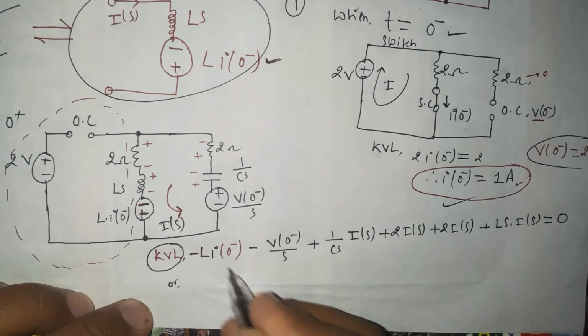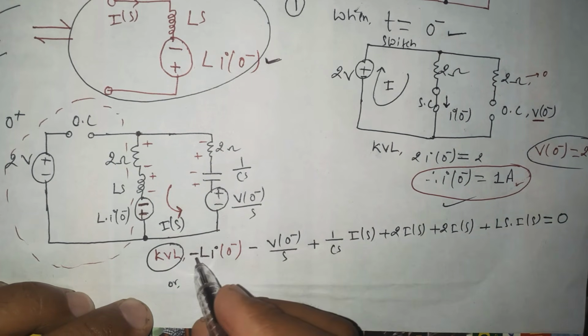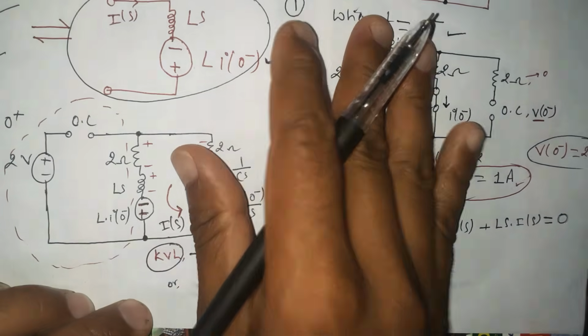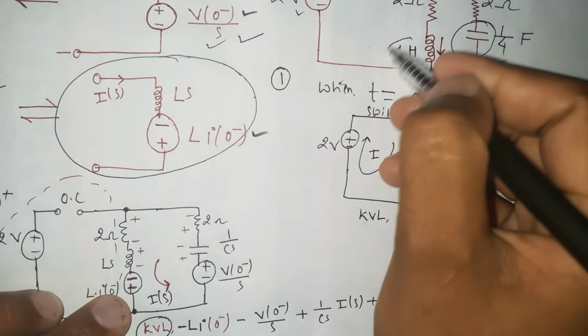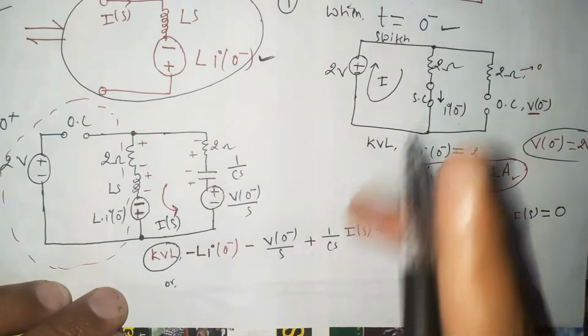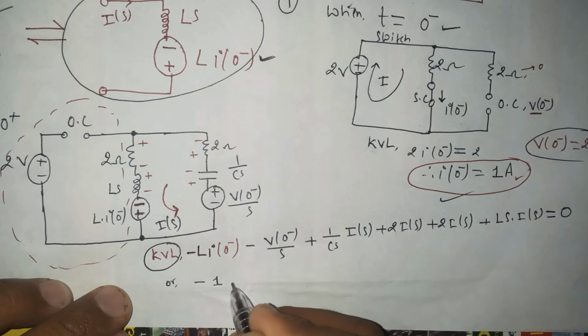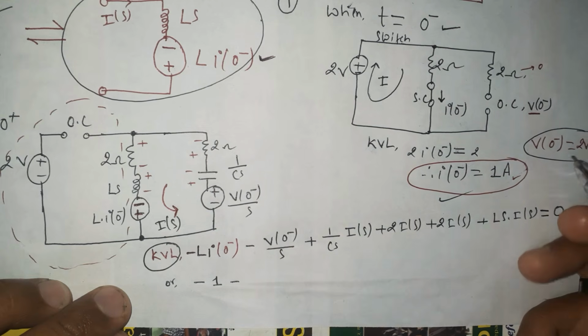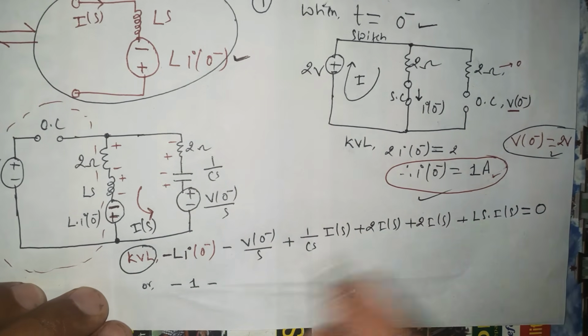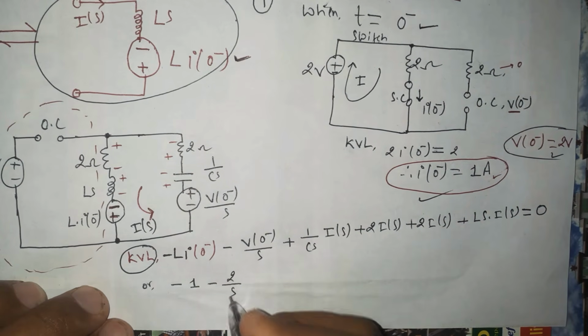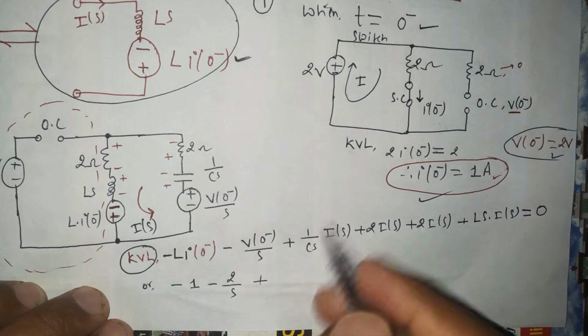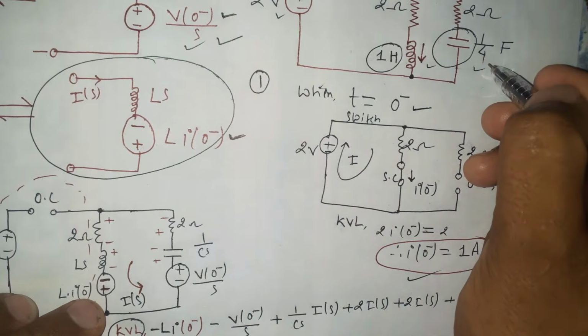Let's plug in the values. Here the I of 0 is just 1, negative L. Where is the inductor value? Inductance is here 1 Henry. So this will be negative 1 minus, and the B0 minus is just here 2 volt, so this will be 2 over S, plus the capacitance, here the capacitance is 1/4.